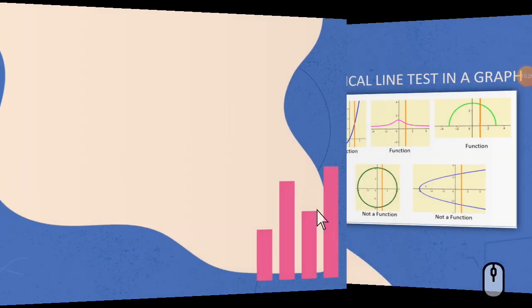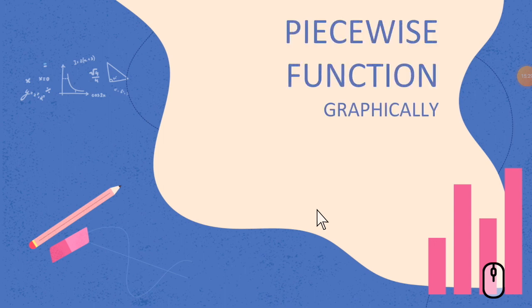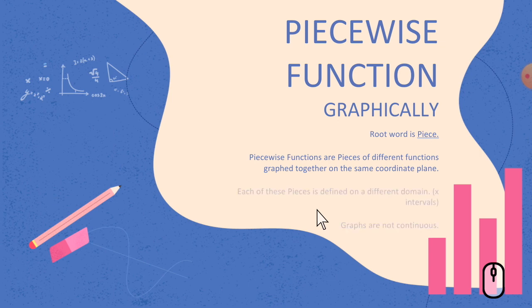Next is the piecewise function. So pag sinabi nating piecewise function graphically, it is from the root word piece. So pag sinabi nating piece, piraso. And then piecewise functions are pieces of different functions graphed together on the same coordinate plane.